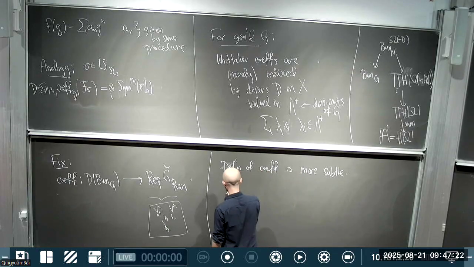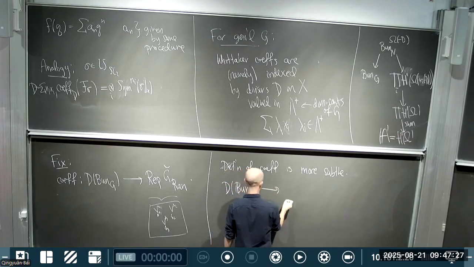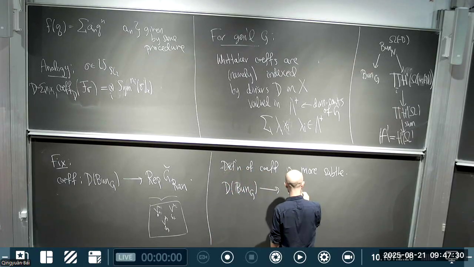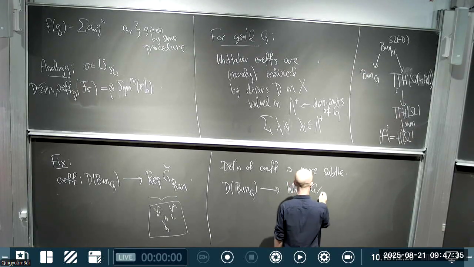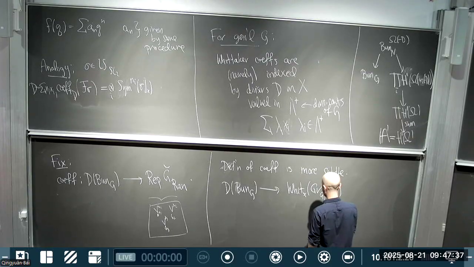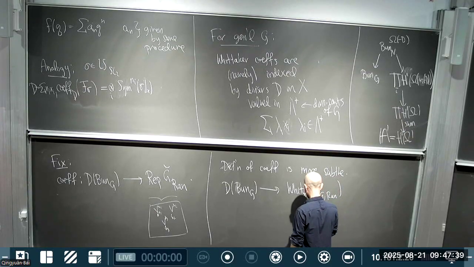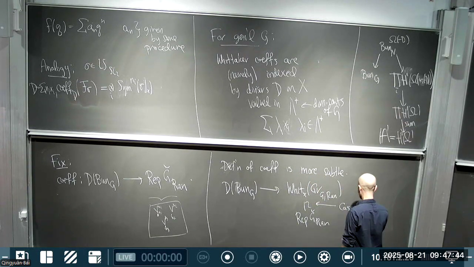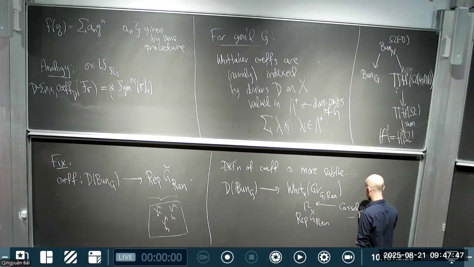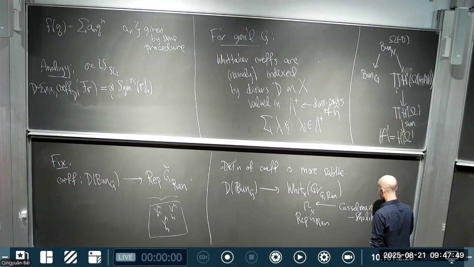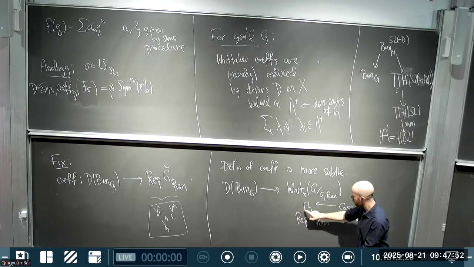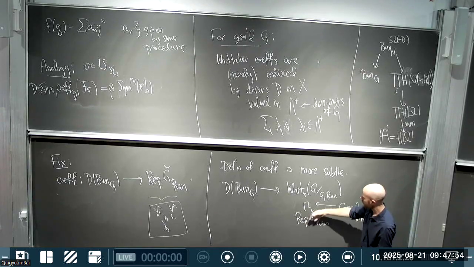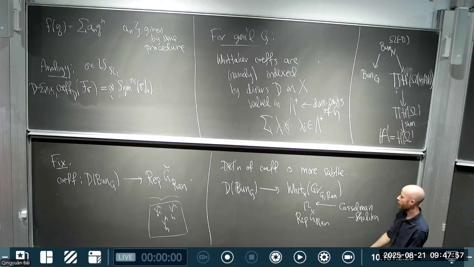What you really do is you go to this D of 1_G, which maps to Whit star of G over this Ran space, and then you say that this is equivalent to this G check Ran via the Casselman-Shalika formula, which uses the connection between G check Ran and the Satake category to put these two things on equal footing.